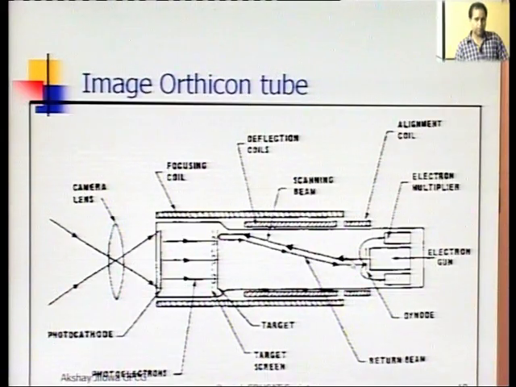But our purpose is that when they strike the target screen, they should strike in the form of a point, meaning all the electrons liberated from the electron gun at a particular instant should strike the target screen at once. This is ensured with the help of the focusing coil.